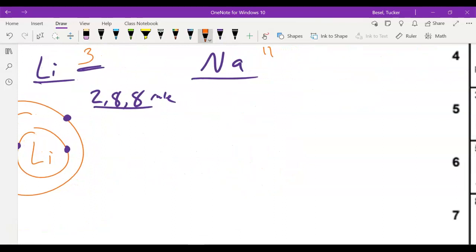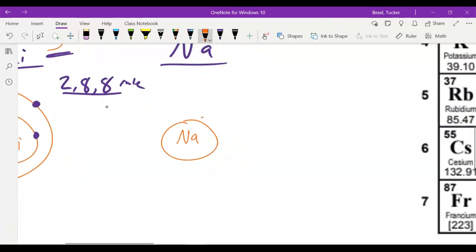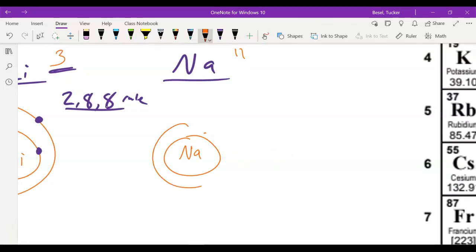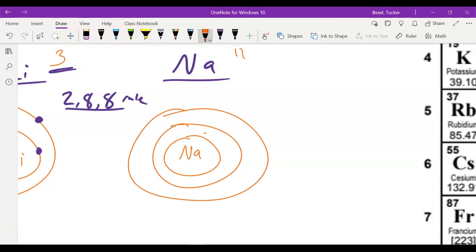For sodium, I'm just going to say Na, and put my energy level circles around that. I have a feeling that we're going to need more, so that's why I did 3. I've got 2 electrons in the first energy level, and now I'm trying to get to 11 total.